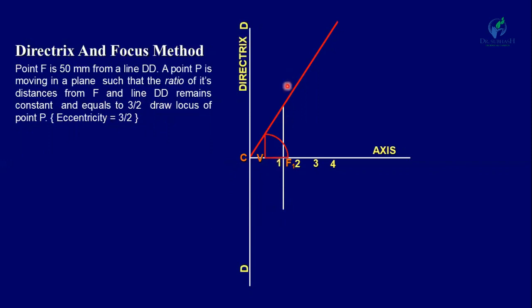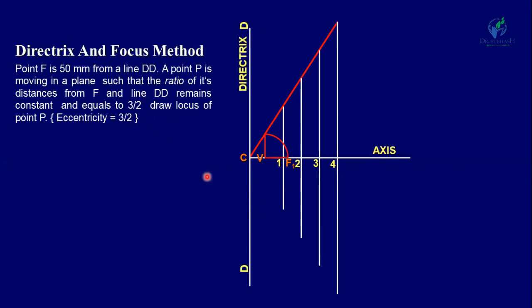From points 1, 2, 3, 4, draw vertical lines which are perpendicular to the axis. So the intersection points here are 1 dash, 2 dash, 3 dash, and 4 dash.